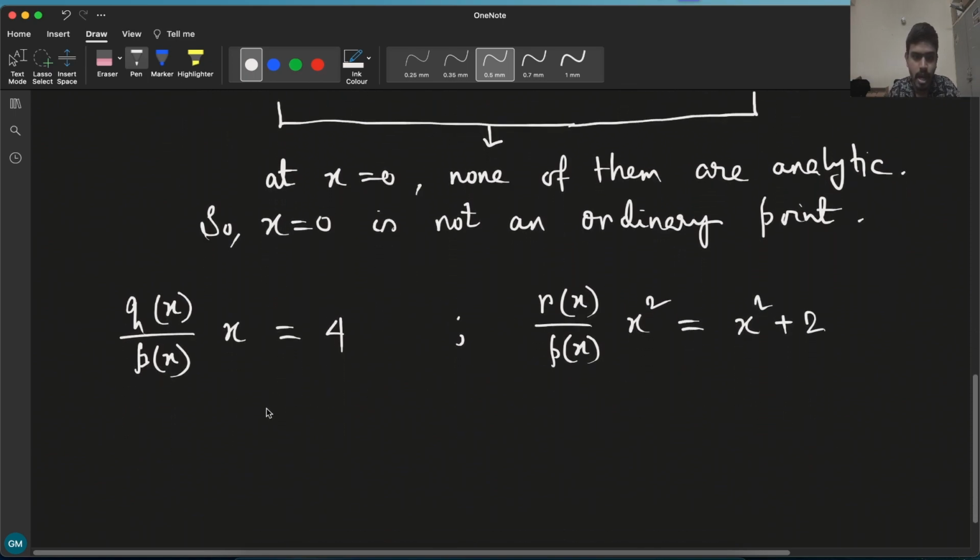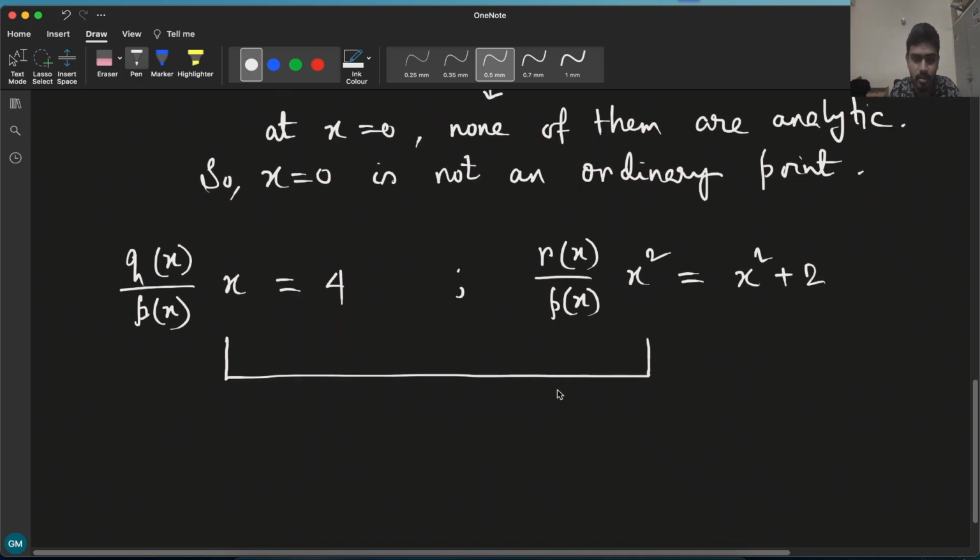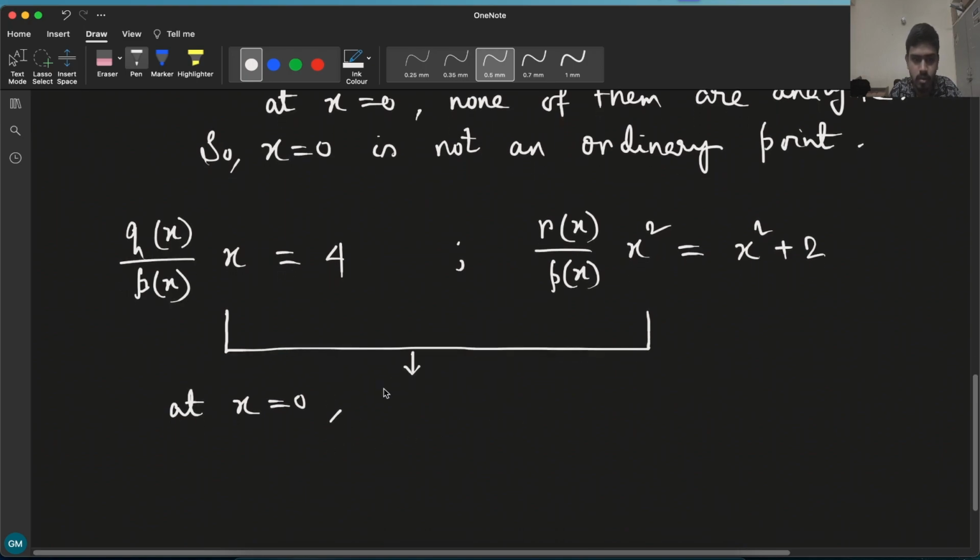And you can see that at x equals to 0, both of these functions are analytic. These are all well-behaved functions. Analytic means the limit exists basically.